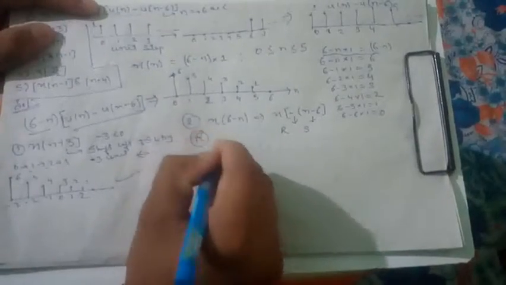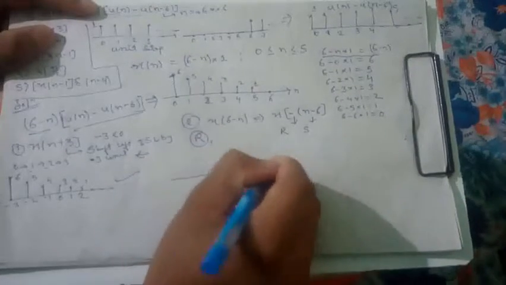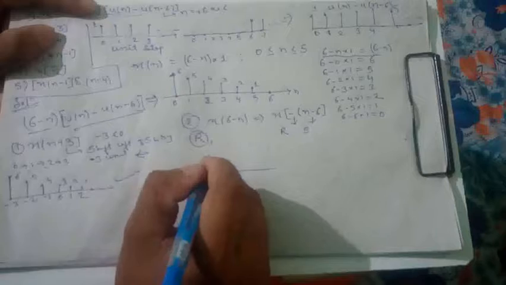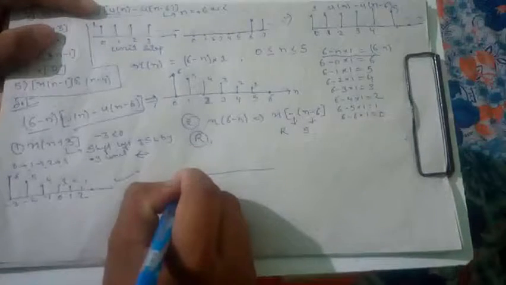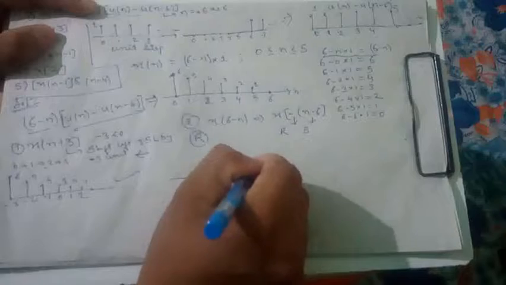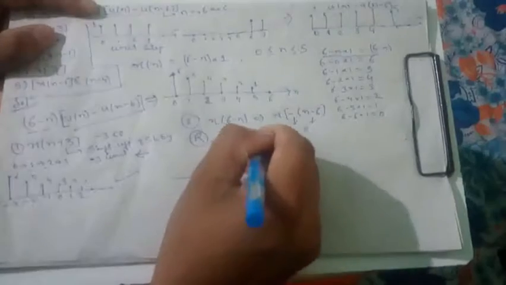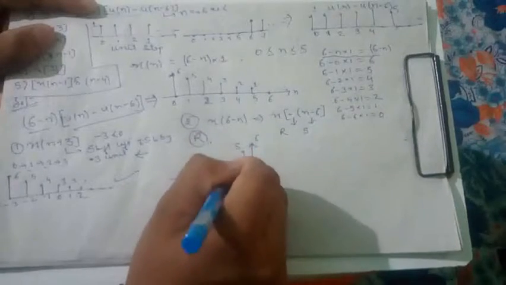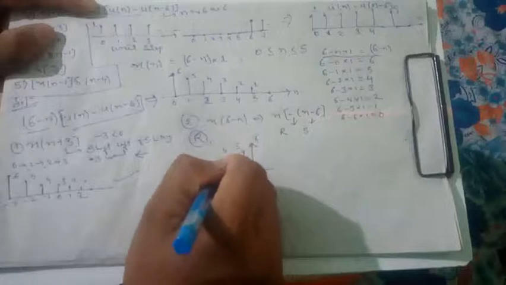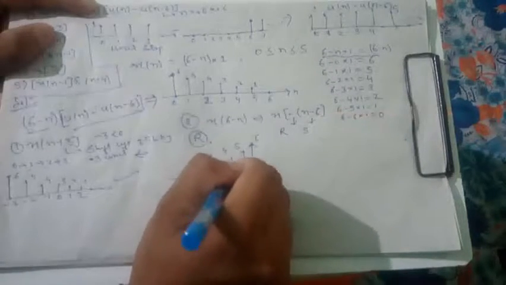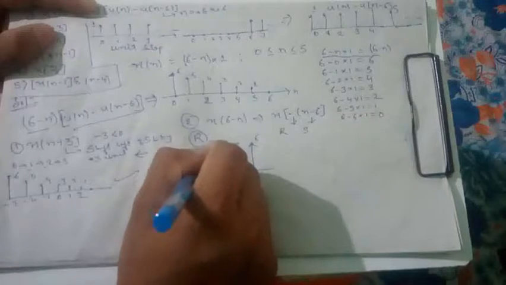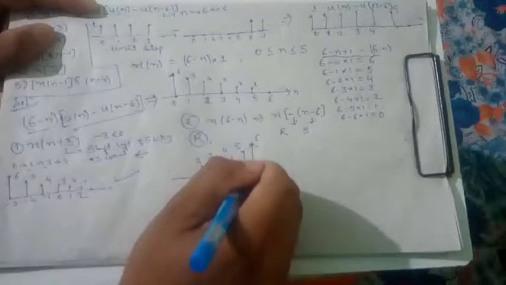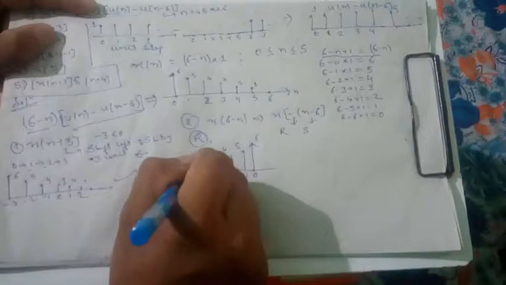First do the reversal of this signal. The value at 0 will have no change because it is 0, then 6 goes to minus 1, 5 goes to minus 2, 4 to minus 3, and so on down to 1 at minus 5.